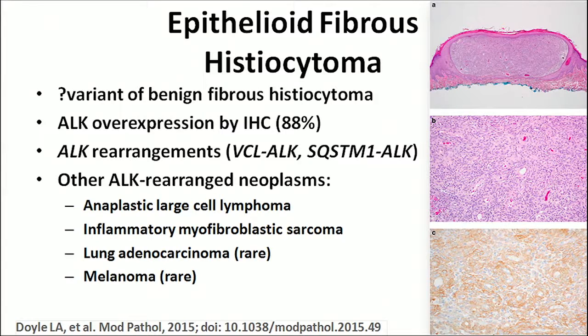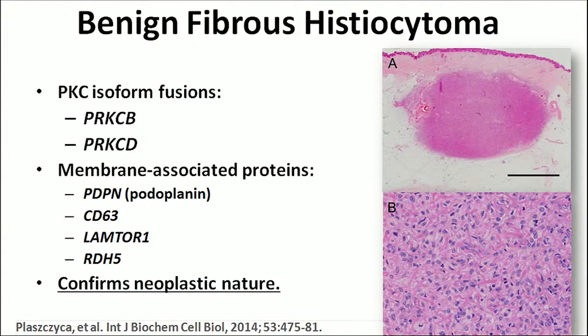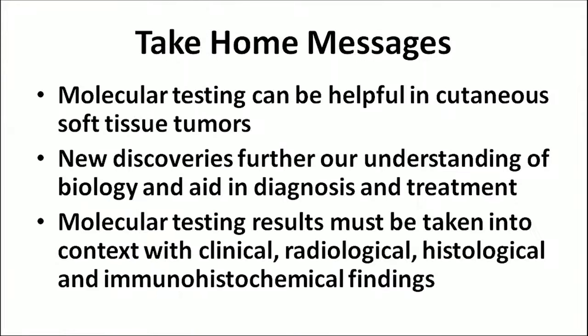But just be aware that you can see this, and these do have those translocations. And then another one that many would have suggested, various forms of it might have been reactive: benign fibrous histiocytoma. Just the classic cases have protein kinase C isoform fusions causing overexpression of PKC that seems to drive their development. So this confirms their neoplastic nature.